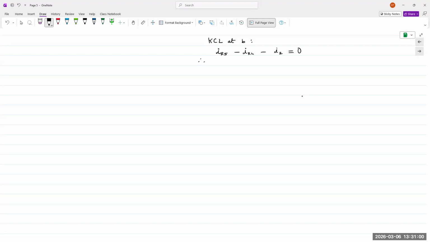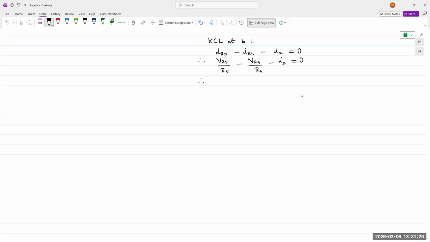That's the first step. Write the KCL expression in terms of the branch currents. Once you have the KCL expression, apply Ohm's law, and I can write VR5 divided by R5 minus VR4 divided by R4 minus my current source I2 is equal to 0. Once you have the resistor voltages, now express each resistor voltage in terms of the node voltages.